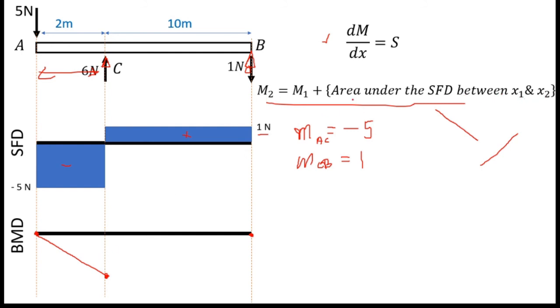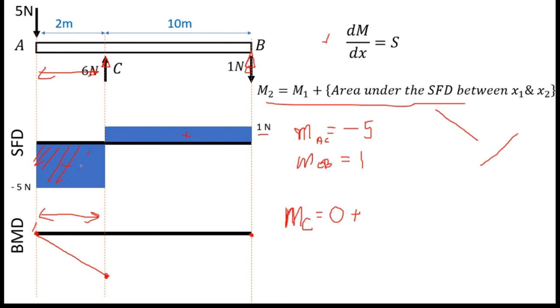I will apply this equation for point C. I will write capital M_C equals M1. M1 is the previous bending moment value. I am considering this point C. The previous bending moment value is 0, right? So I will write 0 here plus the area under the shear force diagram between x1 and x2. That means the area under this segment, so the area of this rectangle.